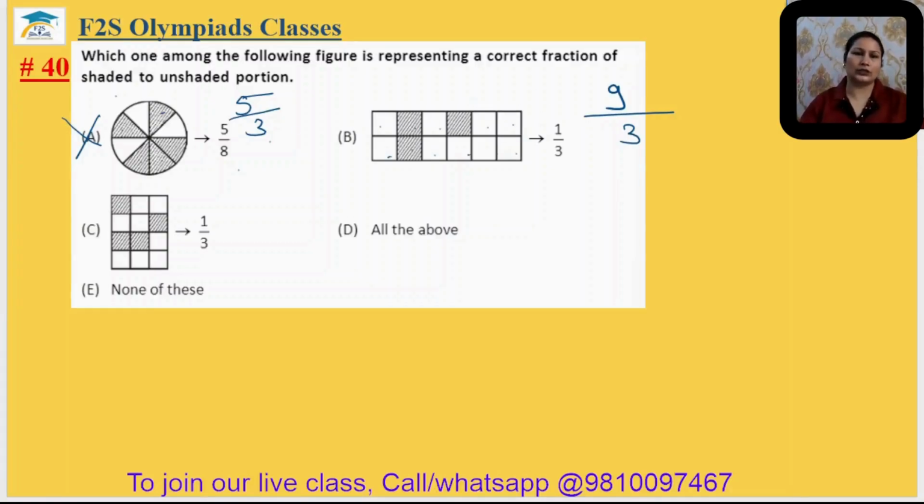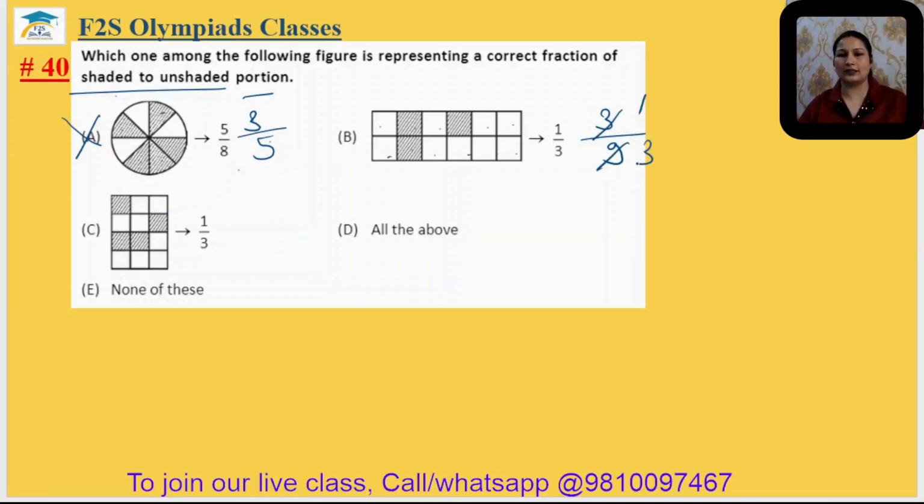Sorry, shaded to unshaded 3 by 5, it should be 3 by 5, which is not possible. It should be 3 by 9 because fraction is shaded to unshaded. So 3 1s are 3, 3 3s are 9.